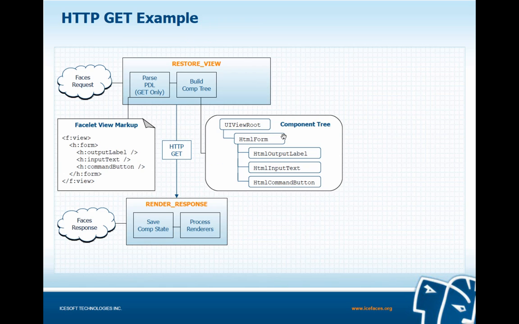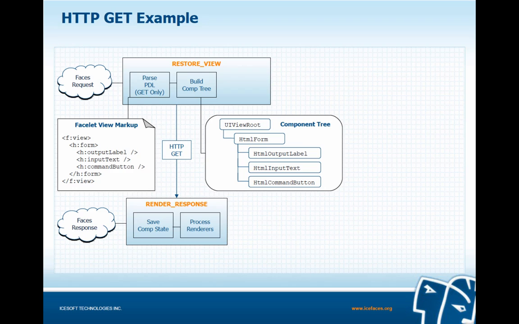Now the lifecycle will not always call each of these 6 phases. In the HTTP GET scenario, which is done the first time a page is requested, a Faces request is generated by the browser, sent to the server, and the Faces servlet will start the JSF lifecycle. The Facelet view markup will be parsed by our Facelets view handler, and the component tree will be built on the server.